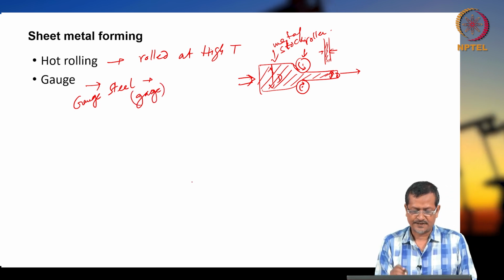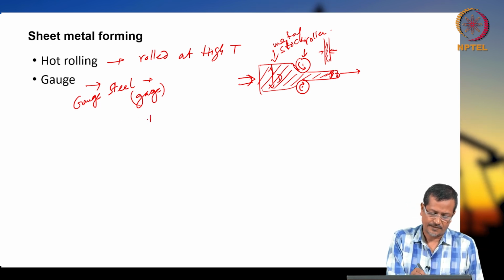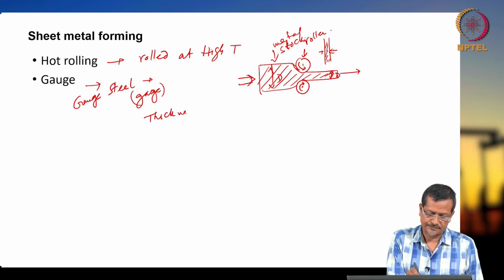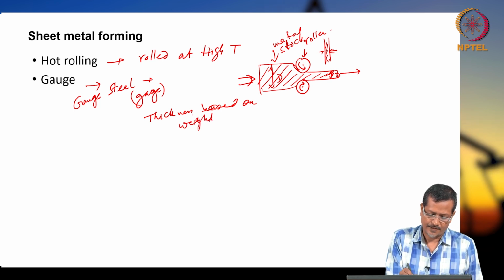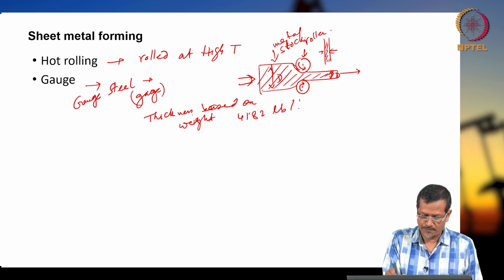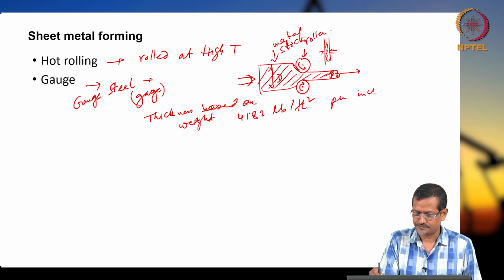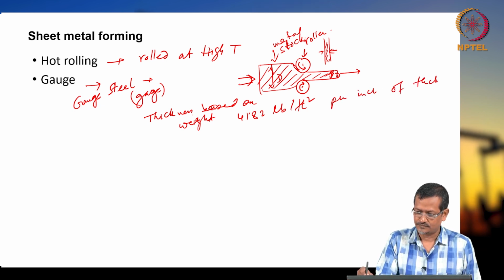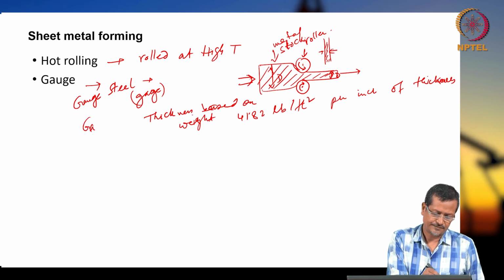Sheet metal thickness gauge for steel is based on weight, 41.82 pounds per square foot per inch of thickness. Sometimes they write GA as the unit.